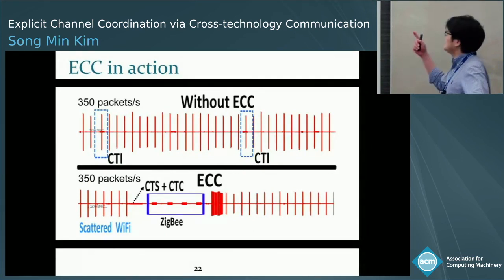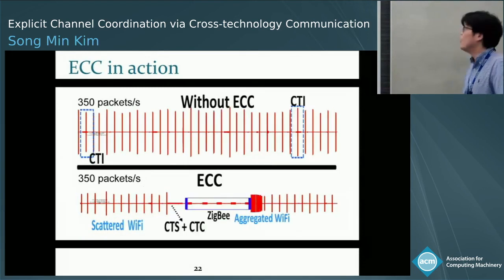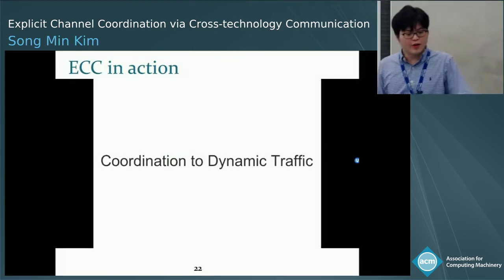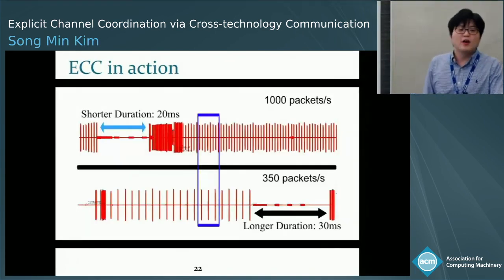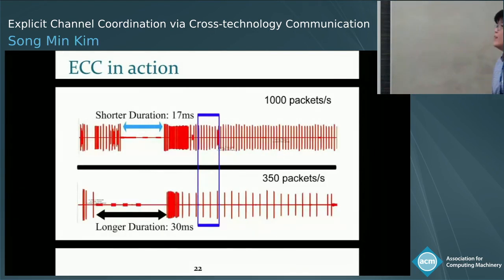Without ECC, we can clearly see packet corruptions due to CTI, whereas with ECC, we reliably transmit ZigBee. Following that, we show dynamic adjustment of D under different Wi-Fi traffic.